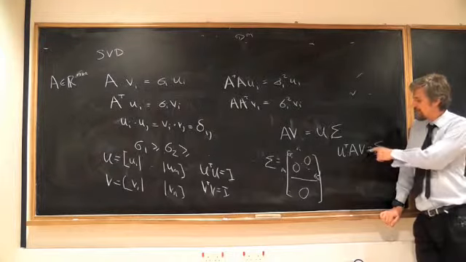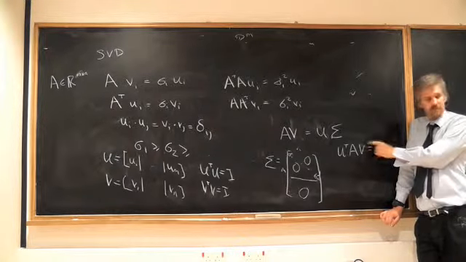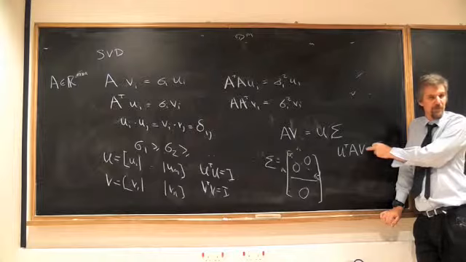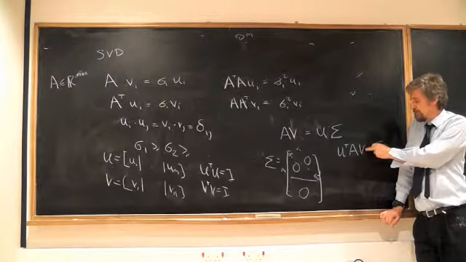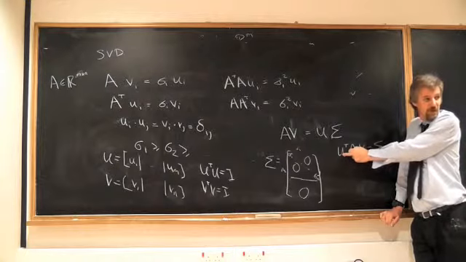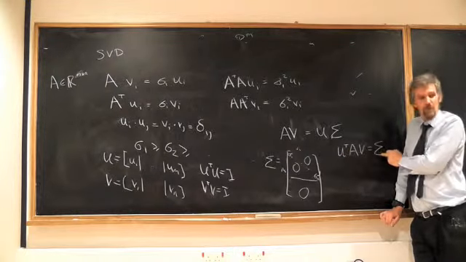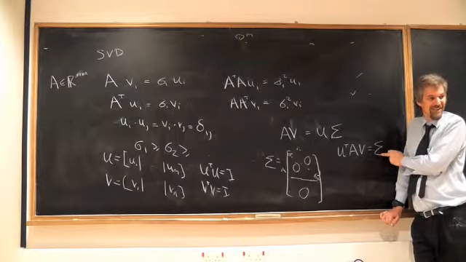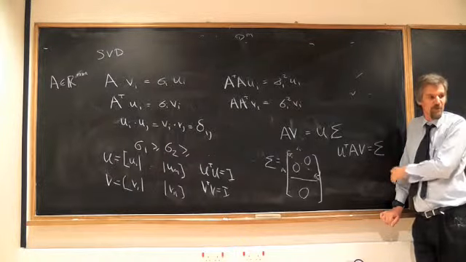So somehow what we've done is we've changed coordinates, we've changed variables so that our images are written in terms of the v's, and our data is written in terms of the u's, and then our forward problem is just a diagonal matrix. It just says you get smaller and smaller components.